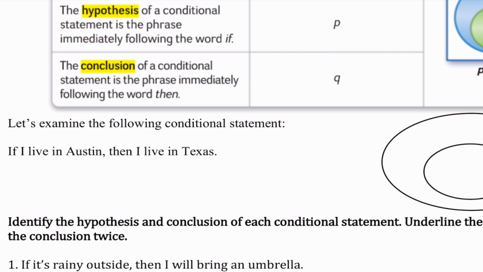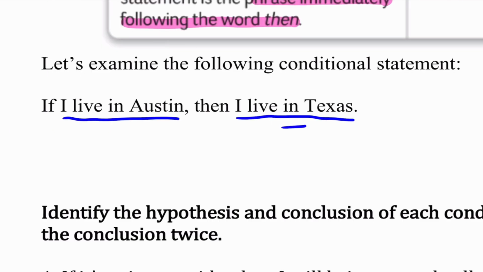I live in Austin is the hypothesis, which I will underline once, because the phrase immediately following the word if is the hypothesis. And I live in Texas is our conclusion, because the phrase immediately following the word then is our conclusion. This is our P, and that will be our Q.